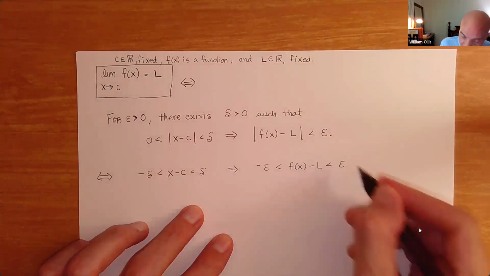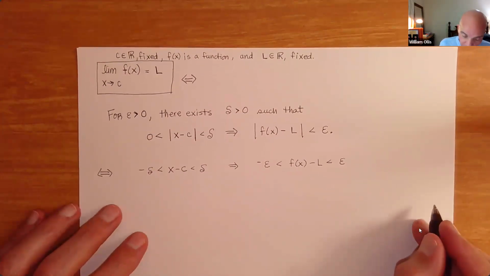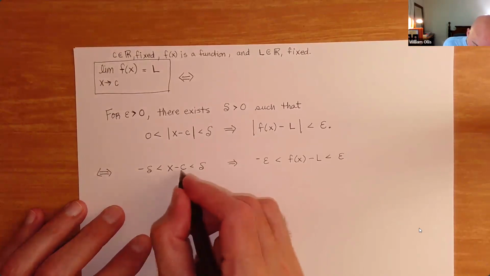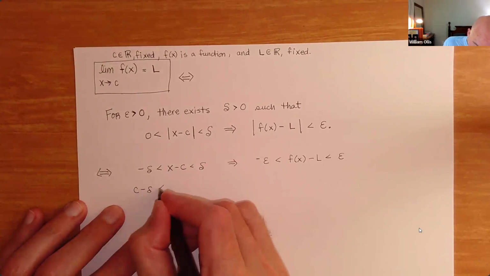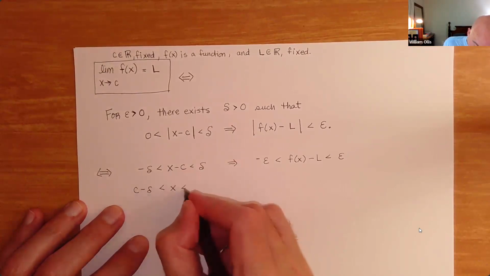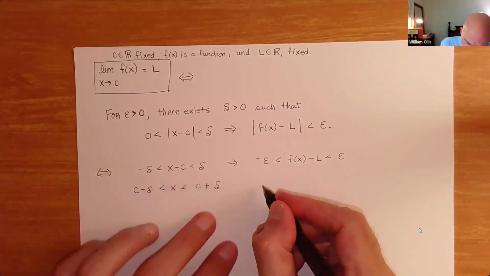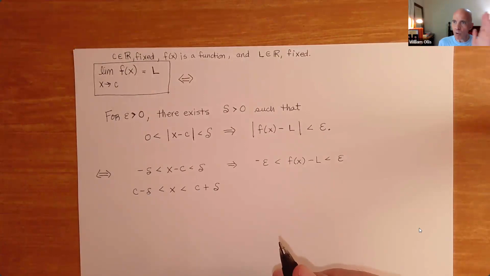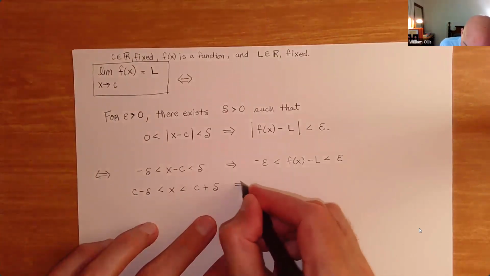So we're using a lot of the absolute value results from college algebra and pre-cal. And now we can say, if you want to add C to every side, we have C minus delta less than x less than C plus delta. And that's giving us a little delta neighborhood like I did the negative 1/2 to 1/2 in the previous example. And then, of course, we'll do the same here.